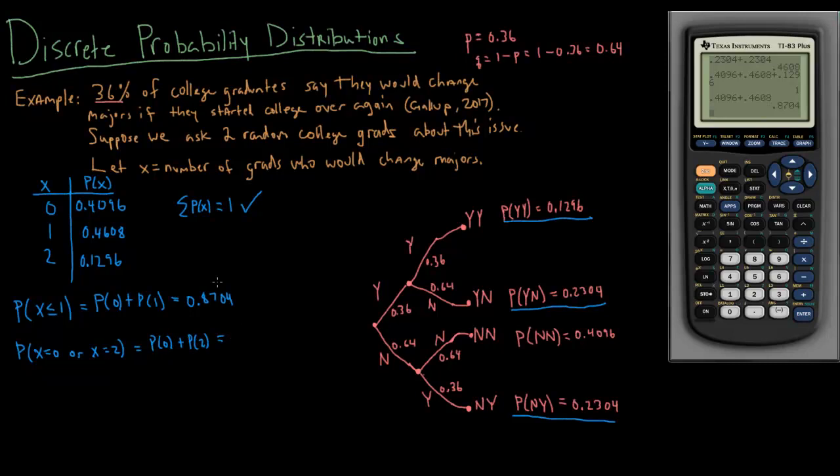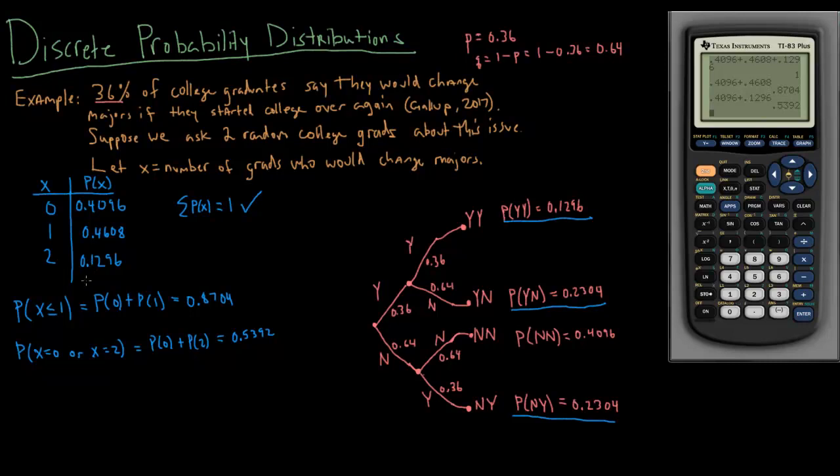So that's 0.4096 plus 0.1296. We get 0.5392. And that's how we answered questions like that.